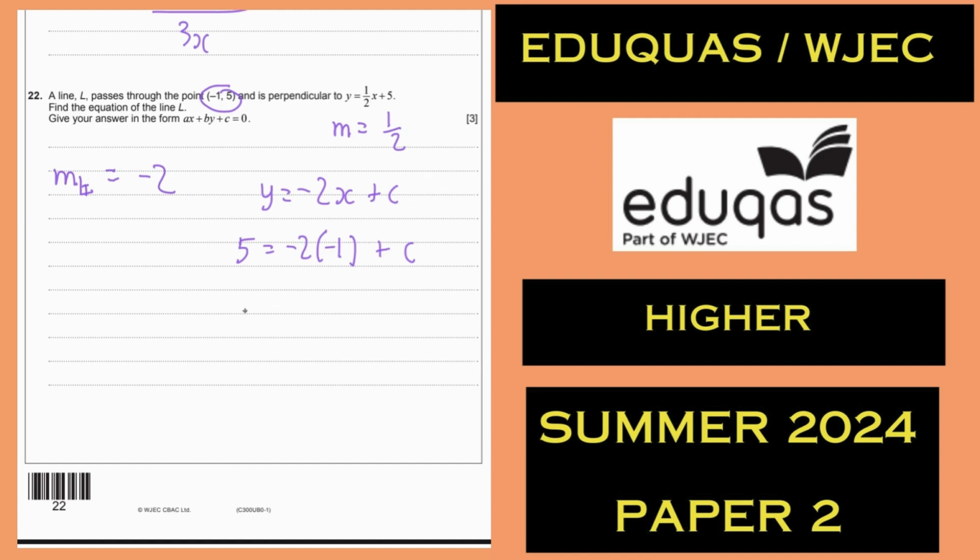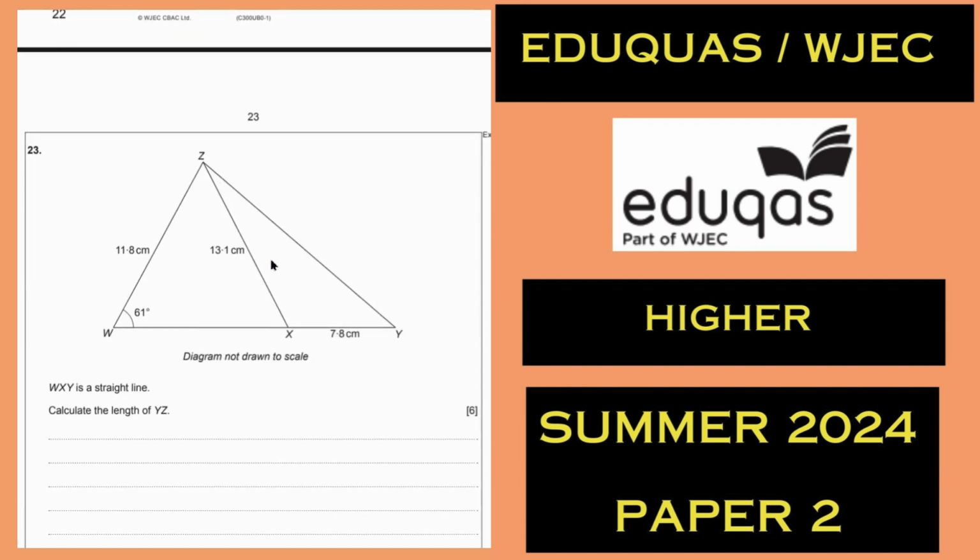Subtracting 2 from both sides, you have your intercept, which means you have your equation: y equals -2x plus 3. Don't celebrate yet. It wants it equal to 0. We need to add 2x to both sides, subtract 3, and there we go. We've done it as we've been told to.